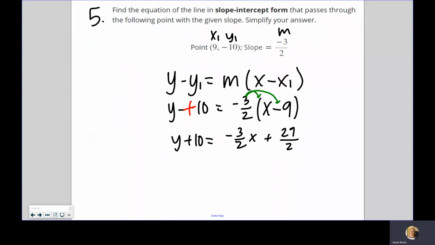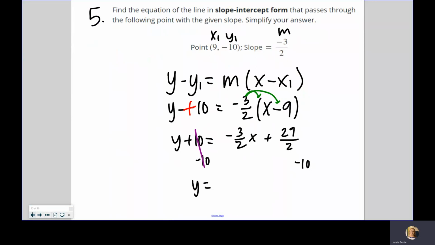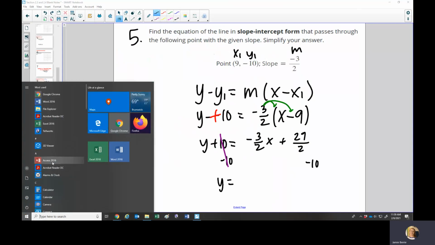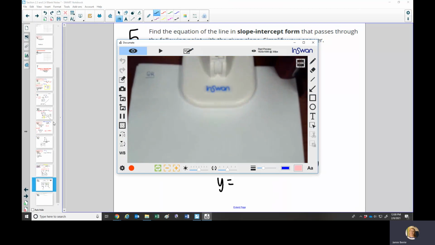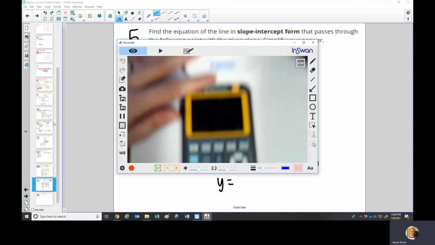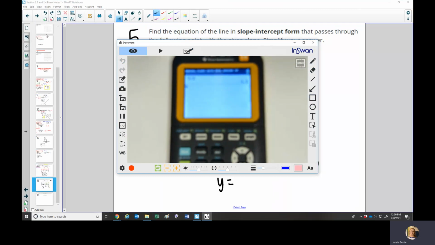We're almost done now. Remember, last thing we got to do is get y by itself because they want the answer in slope-intercept form. So subtract 10 from both sides. Let's get our calculator out and subtract that so we don't have to get common denominators in our head. I'm going to back out here and pull up my document camera, get it adjusted and focused.